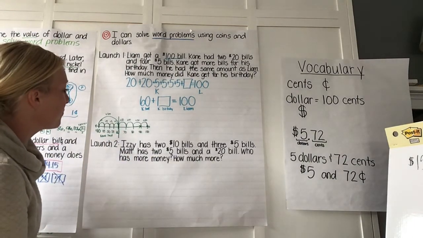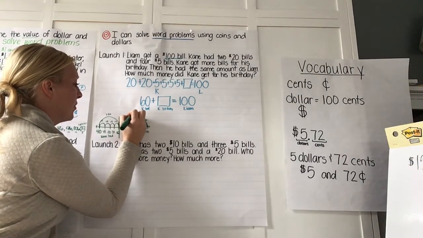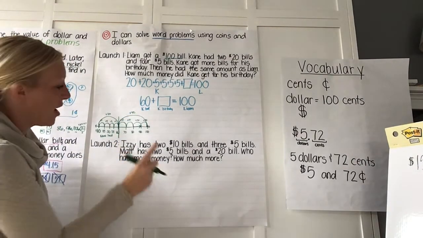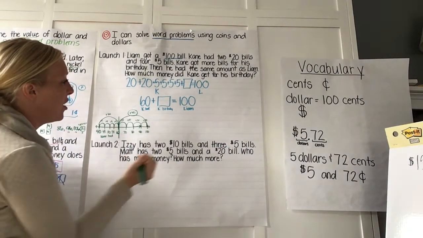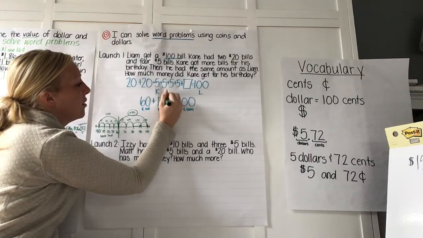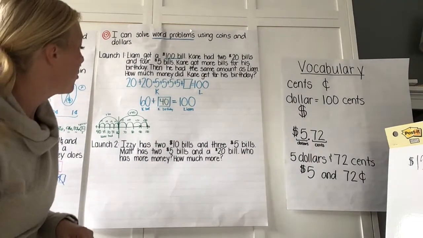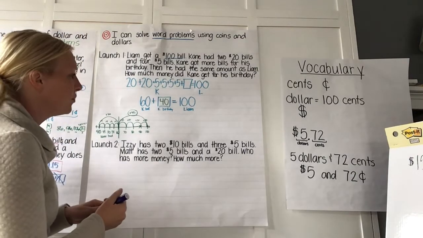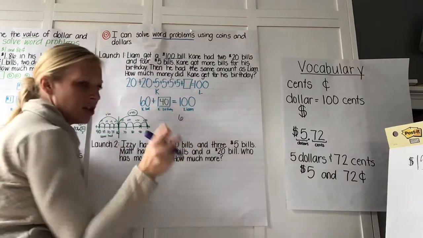And then what? He got 40 for his birthday to have 100. And so what number is going to go in that unknown? Absolutely. Okay. Everybody see how that friend got that? Okay. So what did you do?